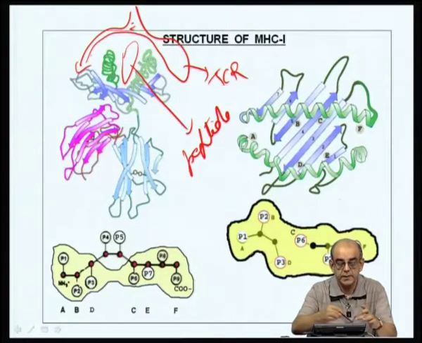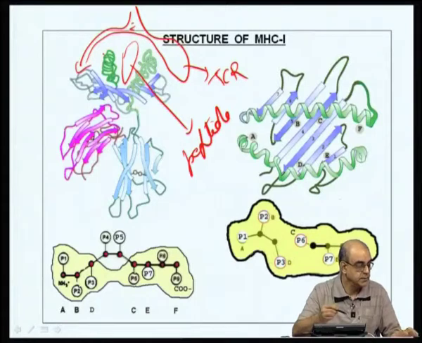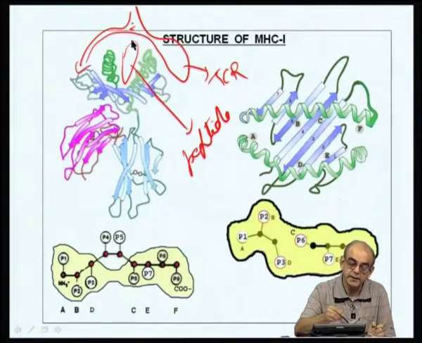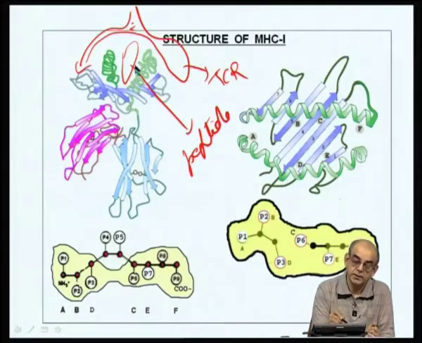Therefore, the T cell receptor has to recognize the class 1 molecule as well as the antigenic peptide fragment that is derived by proteolysis by the antigen presenting cell. This is the reason why MHC restriction occurs. In other words, this antigen has to be recognized only in association with this particular allele of the MHC.